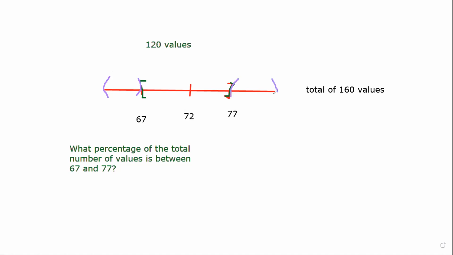So in the two purple zones together, there are 40 values. Maybe there's 20 here, maybe there's 20 on the right, but there's 40 values. But that's not the question I asked. The question I asked is, what is the percentage of values here?